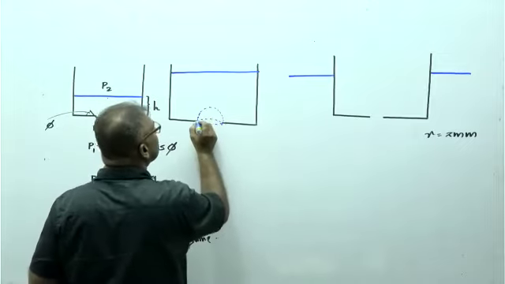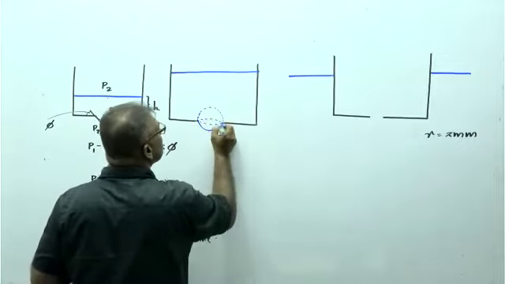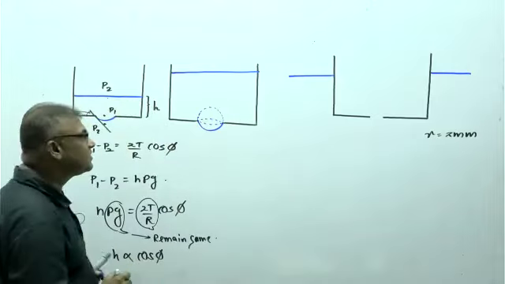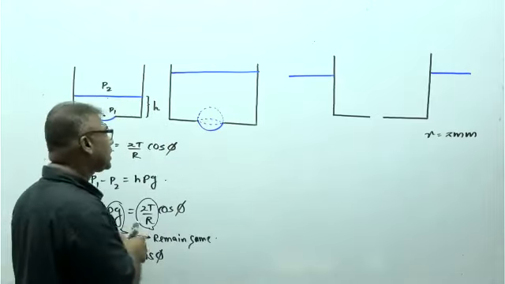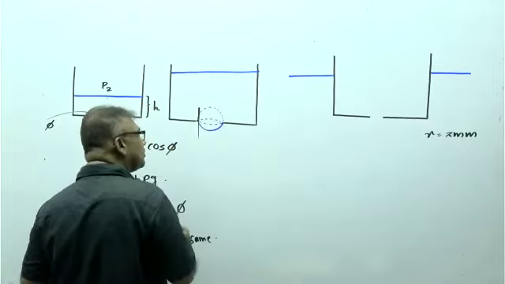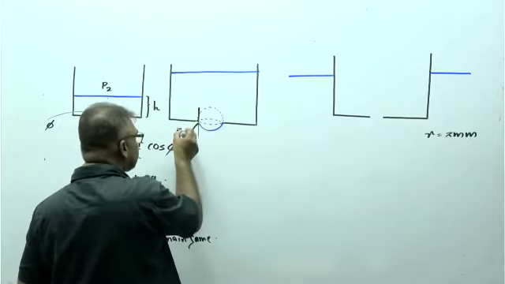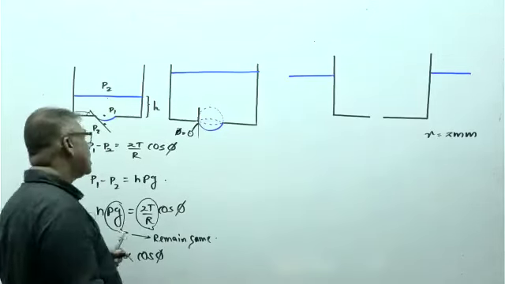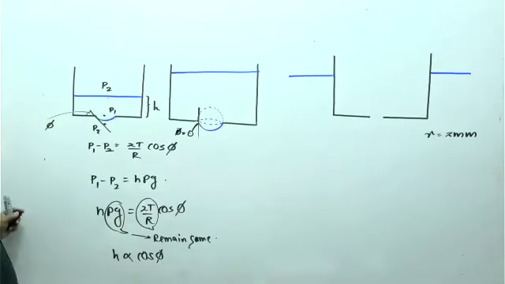Hemicircular meniscus is resulted. Then the tangent meets directly along the tube. Psi becomes 0. Angle of contact becomes 0.